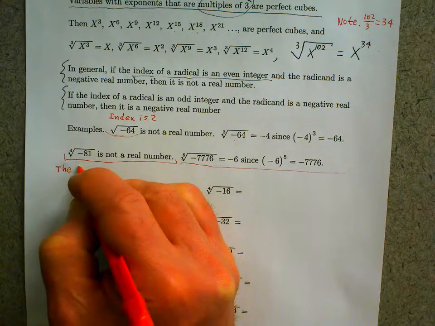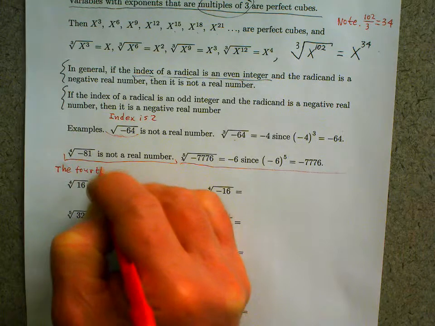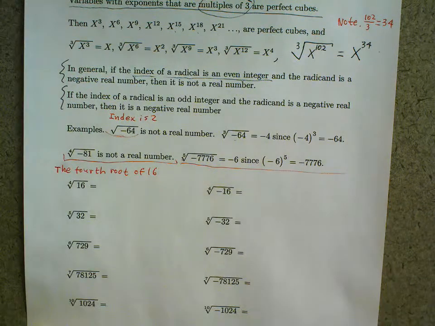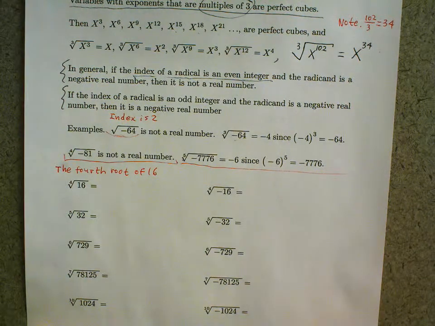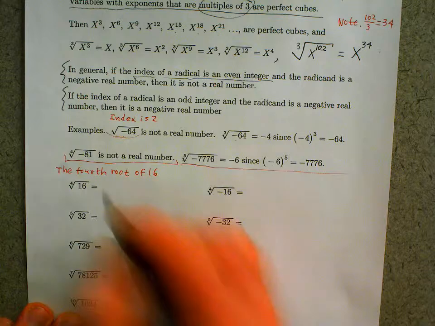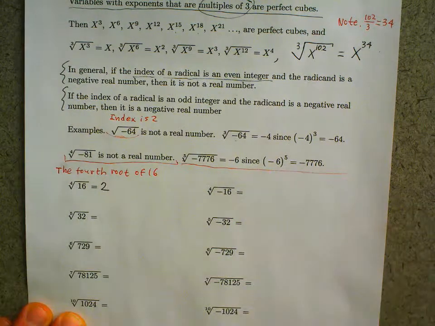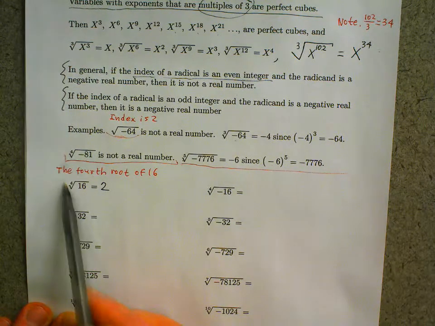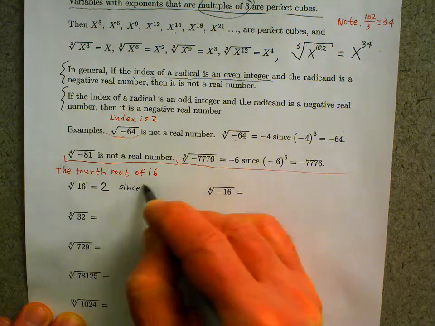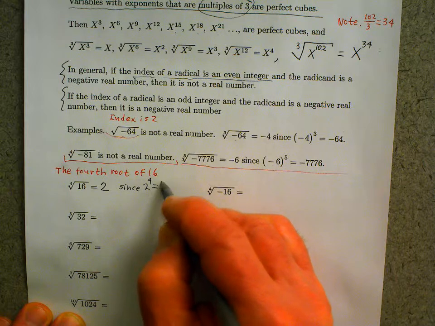It's equal to whatever you would have to raise to the fourth power to get 16. Yes, 2 to the fourth is equal to 16. So the fourth root of 16 equals 2, since 2 to the fourth equals 16.